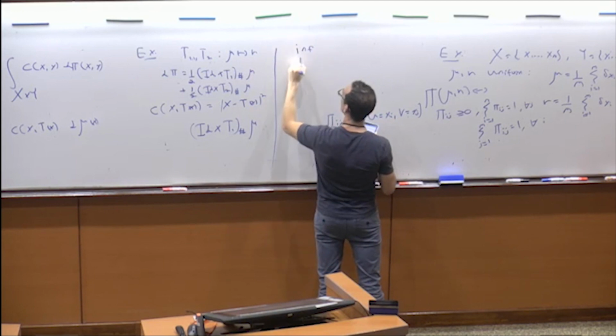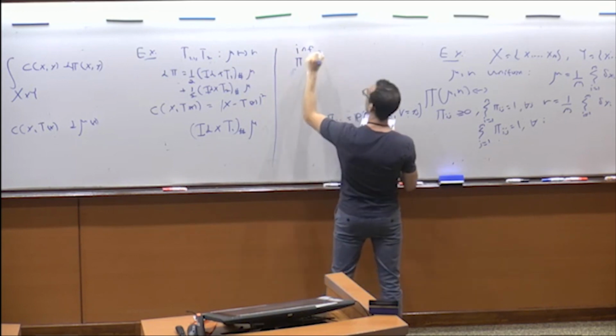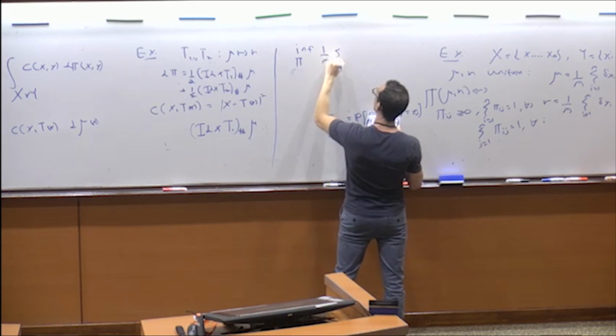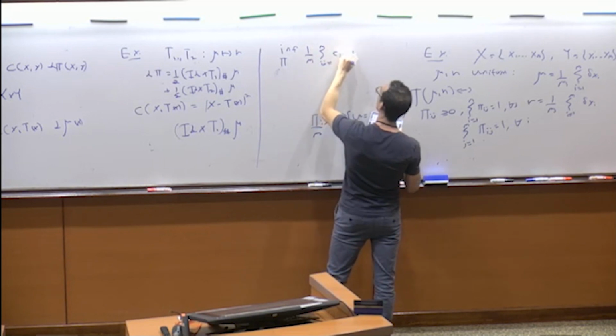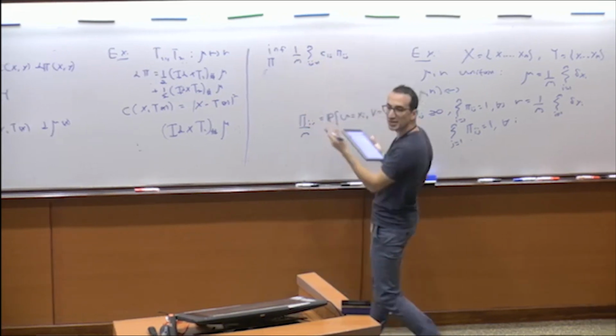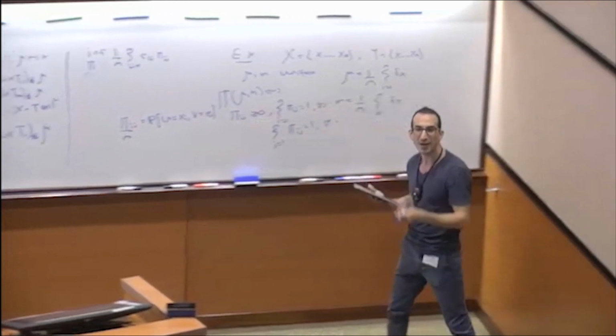to minimize over these matrices pi, 1 over m, sum over i, j equal to 1 to m, cij pi ij. So cij just means the cost c of xi comma yj.